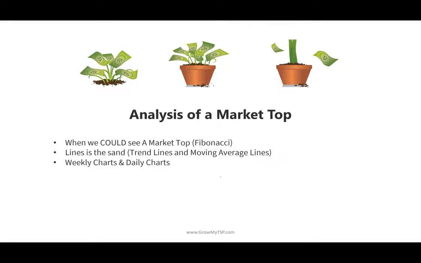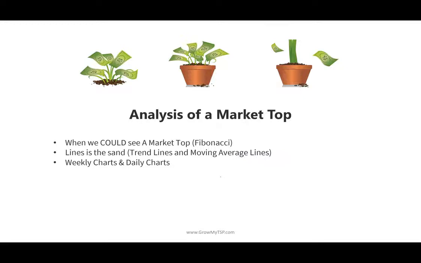The lines in the sand, though, for me, are trend lines and moving average lines. Those are not forward looking as much because you have to wait for price to roll over to see whether or not you get support at the trend line or the moving average lines, where Fibonacci extensions are actually giving you a target to look at into the future.